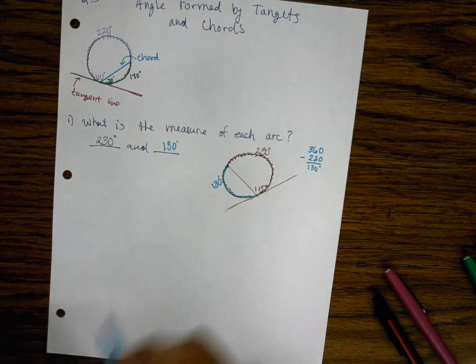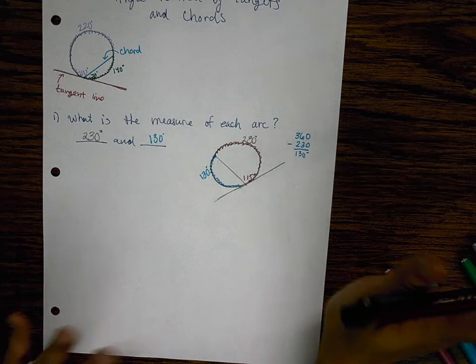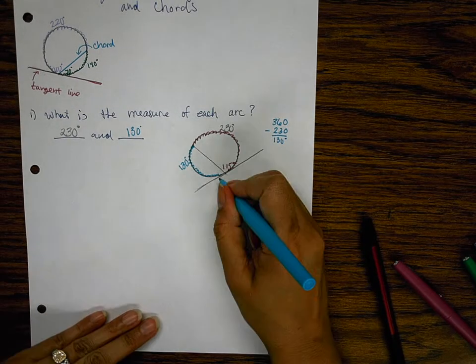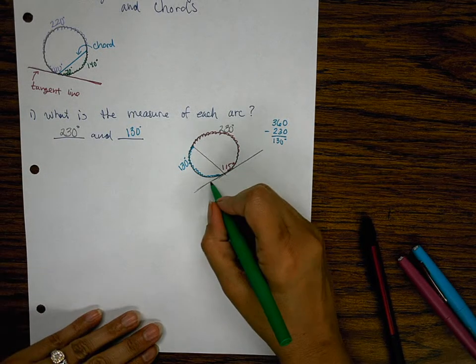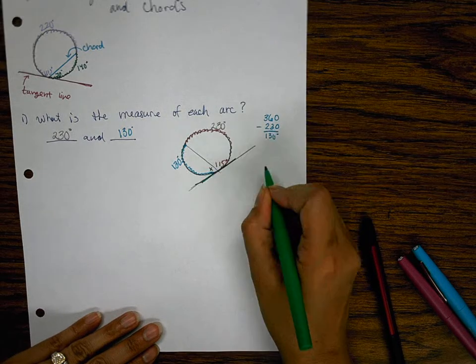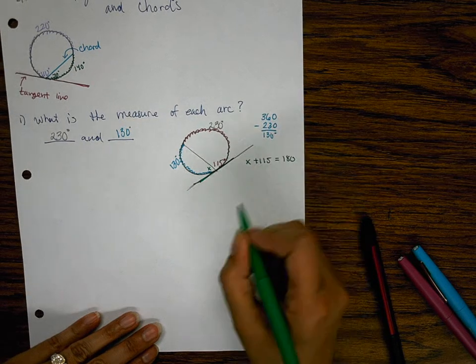That's one way, and you're done, 130. Another way a kid might do it is say, well, I know this here is a straight line, and straight lines add up to 180. So I'll call this x and do x plus 115 equals 180.